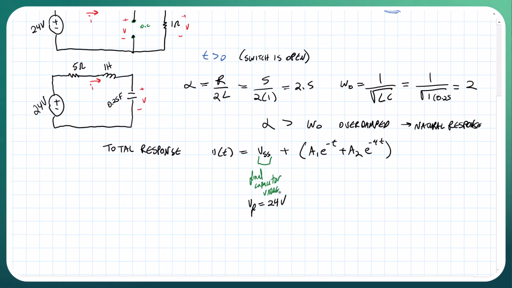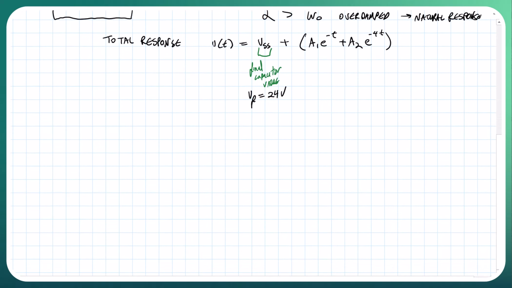So we can rewrite this equation: V of t is equal to 24 plus A1 e to the minus t plus A2 e to the minus 4t. Okay, now we need to figure out A1 and A2. So we look at our initial conditions.